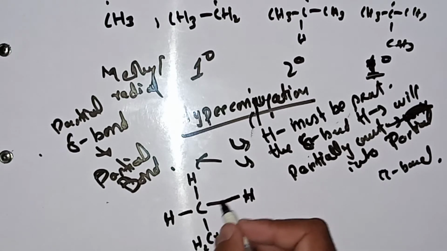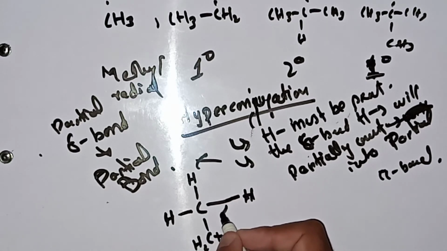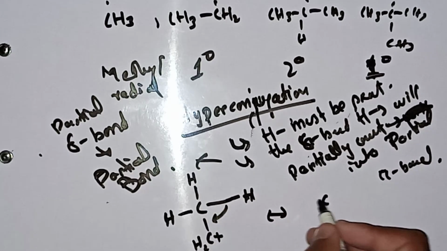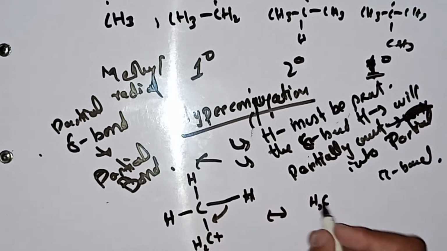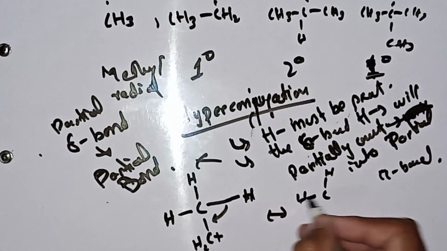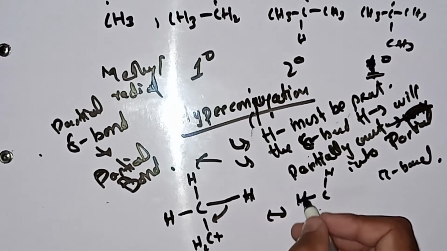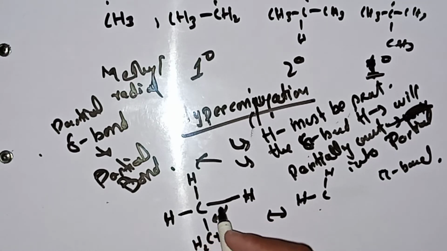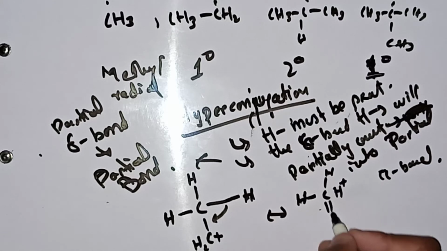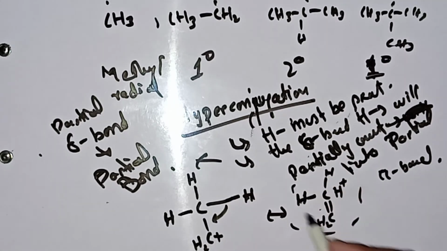The partial bond of this hydrogen will shift here. When this partial bond shifts here, this will be CH2, and this is CH, this is H, this is H. This H will be written like this because it is now attached with C. H has a positive charge, but here a double bond will occur, CH2. So that is called hyperconjugation.